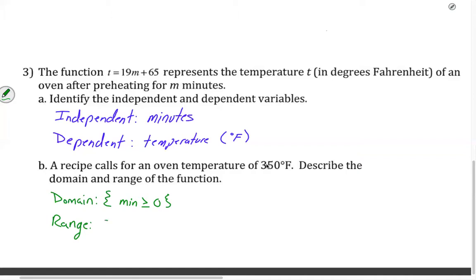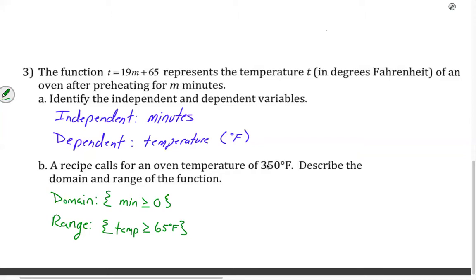Now my range looks a little different. So the temperature needs to be greater than or equal to 65 degrees Fahrenheit. How do I know that?